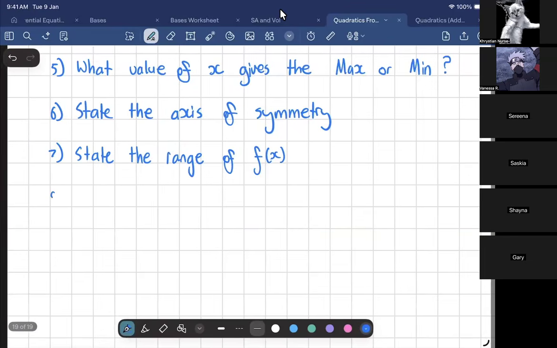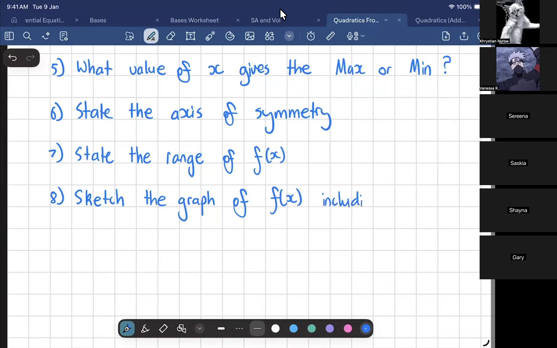And here, what? I'm gonna throw in a bonus question just to tie in everything that we did throughout quadratics. Sketch the graph of f of x, including... you must include the roots.